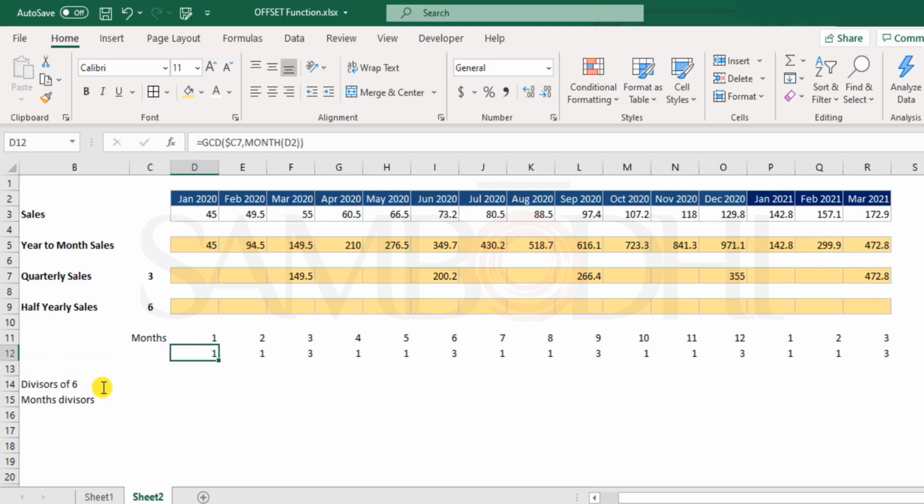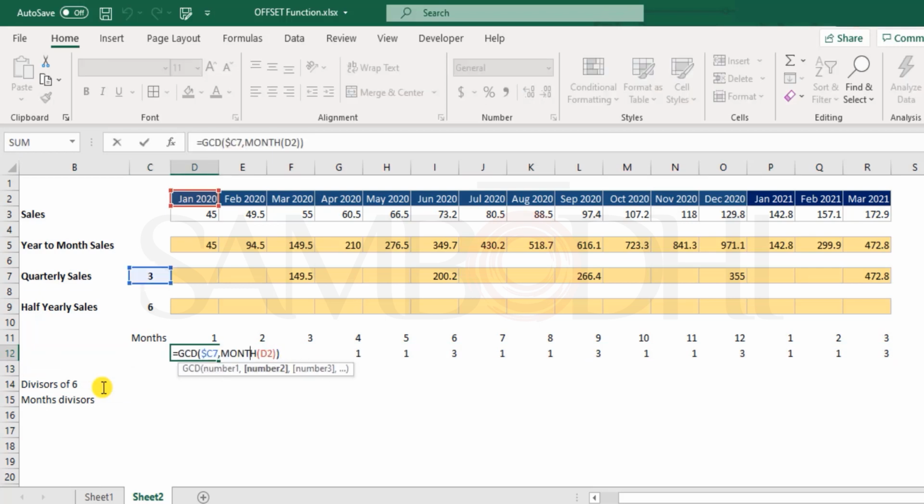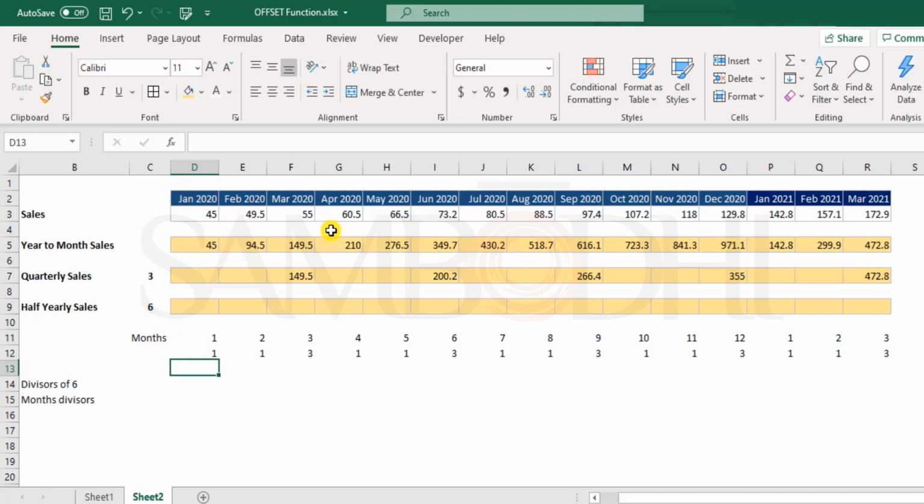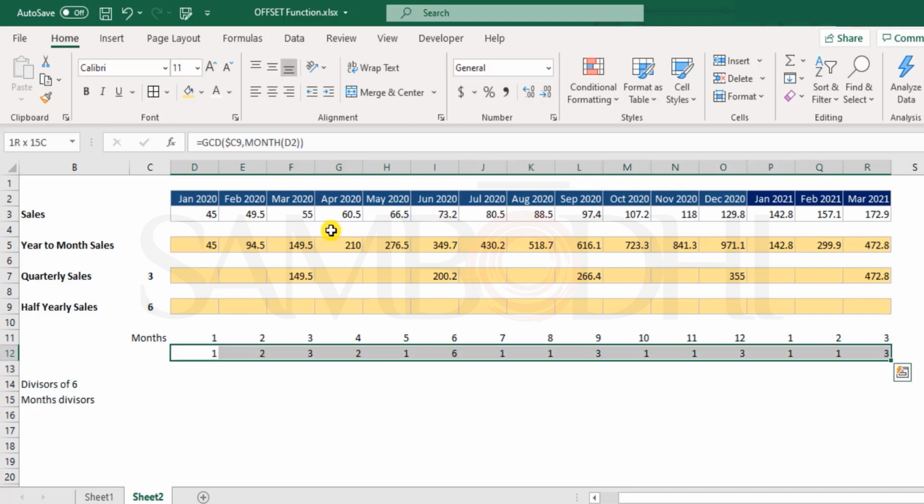Let me change this blue cell to 6. So that means the GCD of number 6 and the current month number. We hit enter and copy the formula to the right, and you see 1, 2, 3, 2, 1, 6.